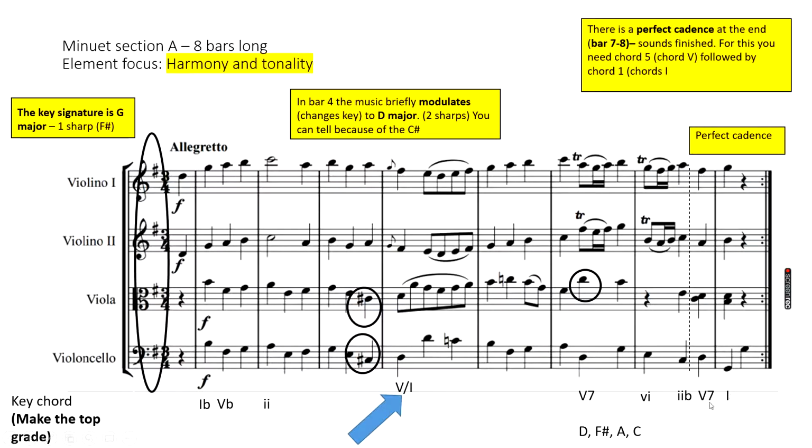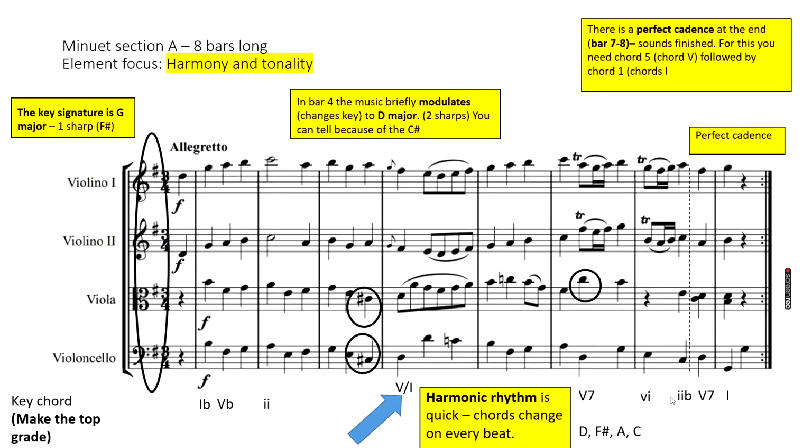Remember, 5, 7 is also described as a dominant 7th chord. That is also a really good chord sequence. 2B, 5, 7, 1. That's a really good chord sequence to use in your composition if you want something to sound finished.